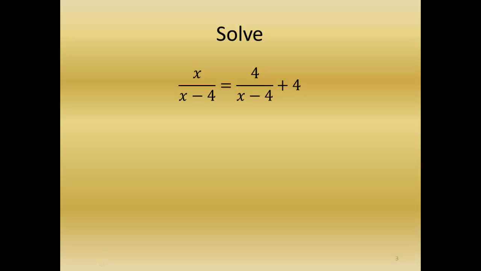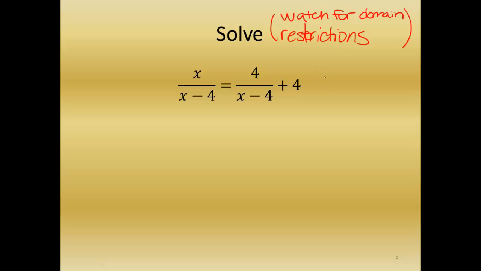So here we have a rational equation with denominators here. Now before I begin here though, when we do have denominators, we do have to watch out for those domain restrictions that we talked about at the beginning, because it's possible that when we solve this, we come up with a number that really can't work.